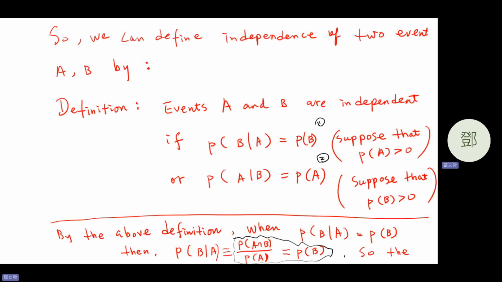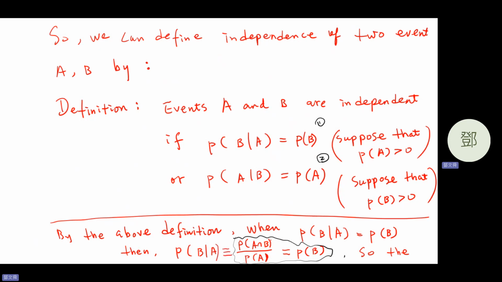And conversely, you can also given the condition that B already occurred and see if the probability of A is equal to the probability of A itself. If they have the same probability under two different situations, given B or not given B, then you can also say A and B are independent.